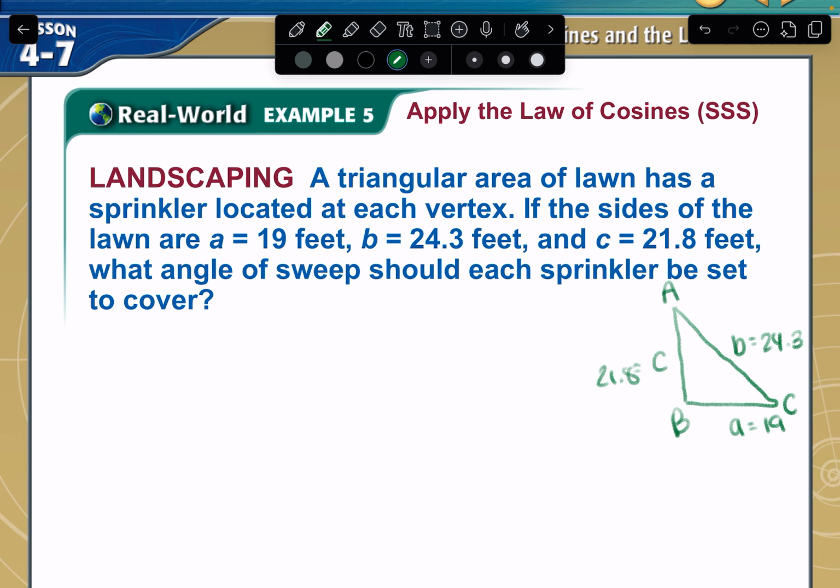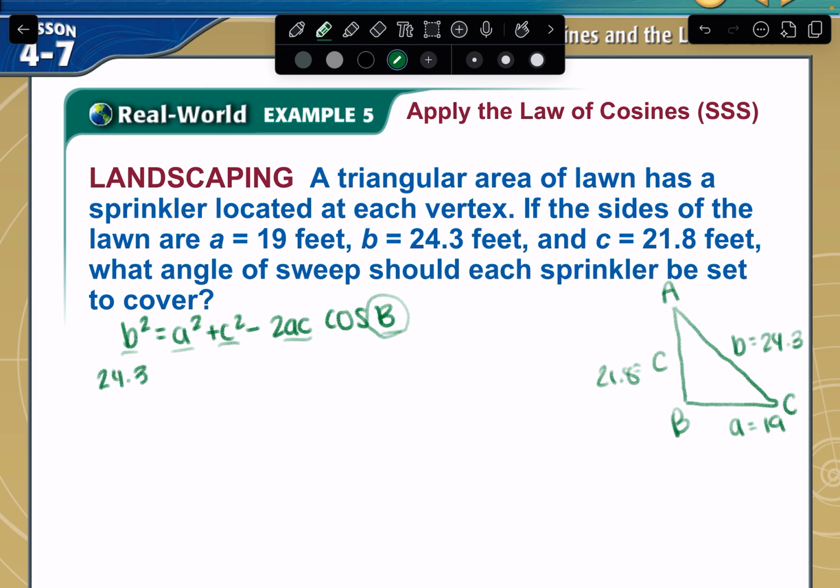The one that I picked to start with when I did this question was the middle one that says b squared equals a squared plus c squared minus 2 times ac times cosine B. So I know all of these lowercase letters, and then the capital B is the angle measure which I'm trying to find. So the first thing is really just plugging into this.